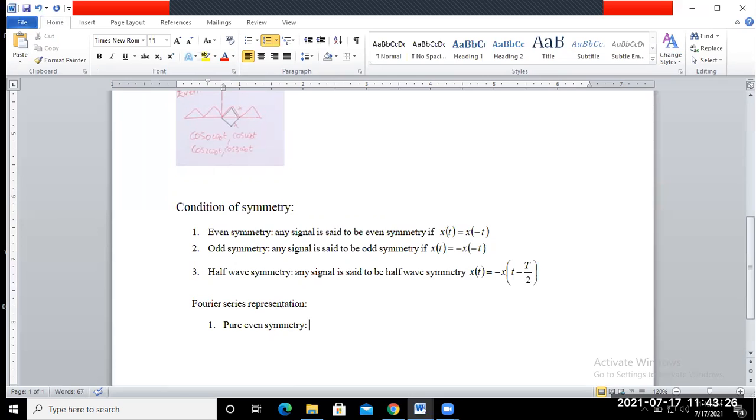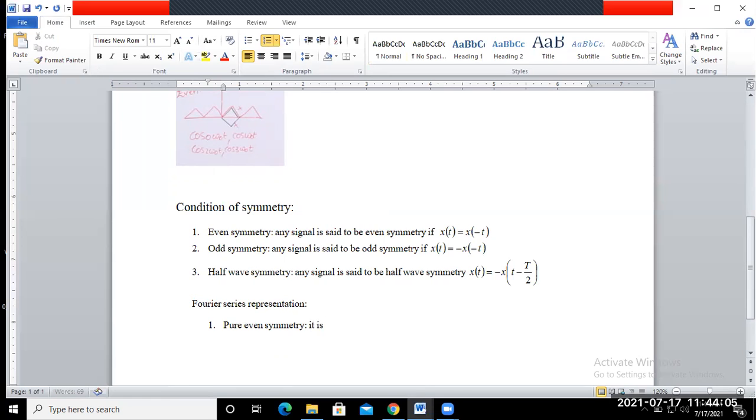In pure even symmetry, it consists of all the even symmetry terms. Which one is the even symmetry function? Cosine terms. Cosine is the even symmetry term, so it is present only in cosine terms, all the frequency components, including the constant term.